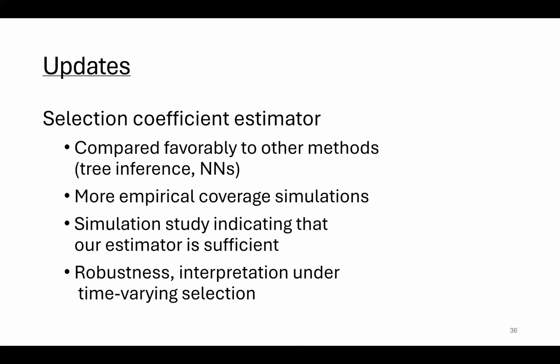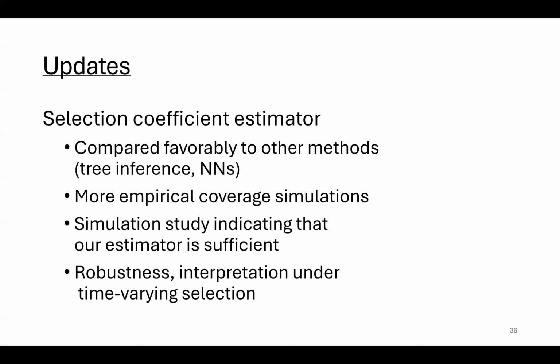And then we analyzed a neural network method that simulated data under selection coefficients, and we didn't really find great results for that. We did some more empirical coverage simulations to say that overall our confidence intervals do get pretty close to the nominal or desired confidence interval coverage.